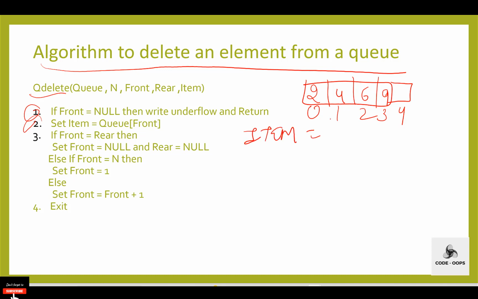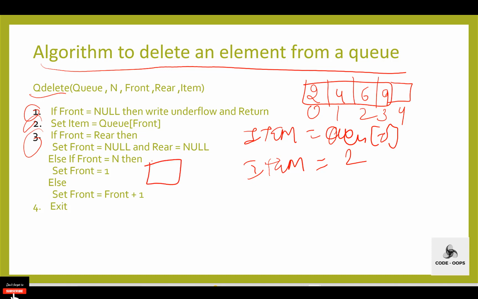Item is equal to Q of front, Q of 0. Item is equal to 2. Then the third step: if front is equal to rear, then set front is equal to null and rear is equal to null.